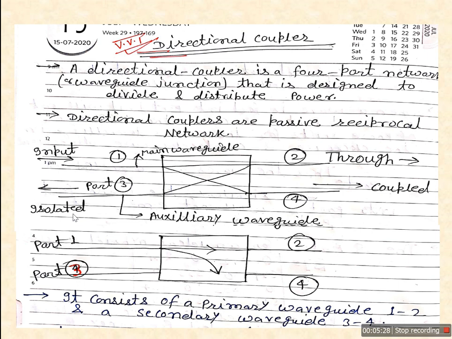Always remember the formula and all the terms in comparison to the input, throw, coupled and isolated port, other than 1, 2, 3, 4. It is easier to remember all the formulas based on input, throw, coupled and isolated rather than 1, 2, 3, 4. If someone changes the numbering, then you will be unable to solve the questions.